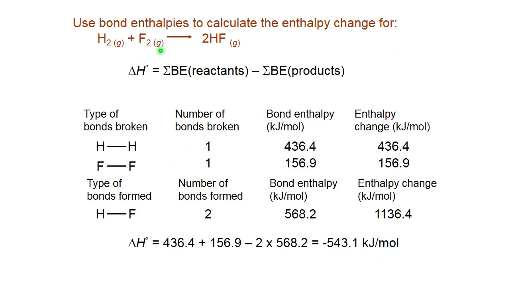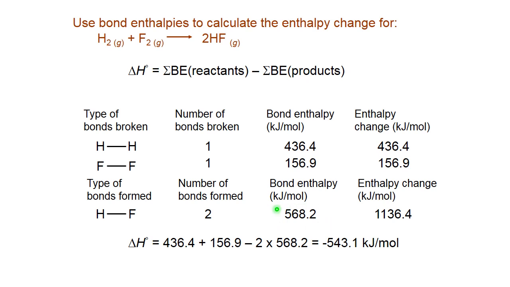Just a very simple example: the reaction of hydrogen and fluorine to make hydrogen fluoride. So what we need to break are the HH bond and the FF bond, and these two energies. Now we are forming two HF molecules, so we form two HF bonds.